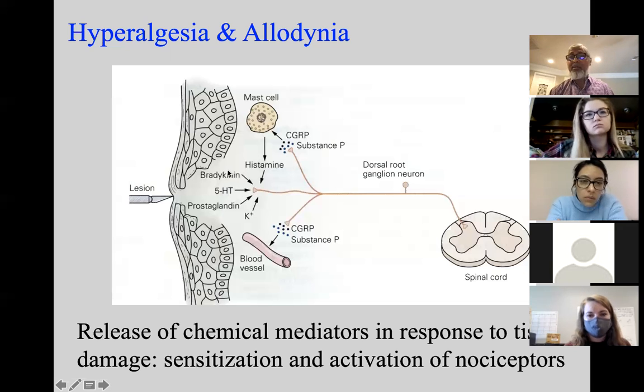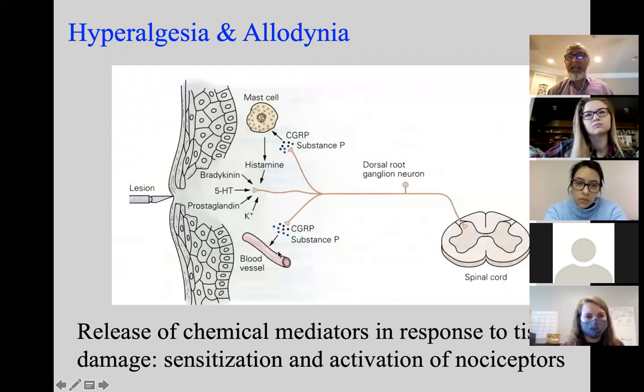Some substances are released from the damaged skin. One is bradykinin. One is 5-hydroxytryptamine, 5-HT, and prostaglandin. Then also substance P and CGRP. CGRP is calcitonin gene-related peptide. You don't have to memorize it. Substance P is released, and in response to that, the mast cells secrete histamine.